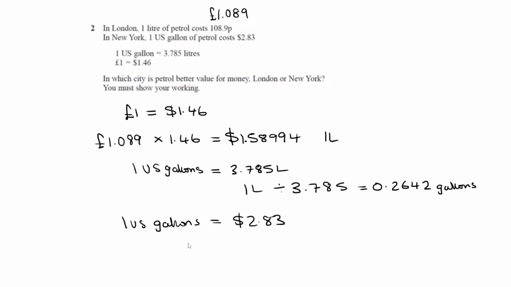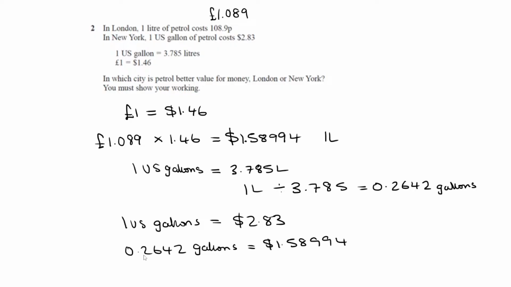I've now got 2 gallons was 150, wasn't it? So you could compare from there. You could make it both into 1 gallon. You might have made them both into 1 litre. You might have made them both into $1 or £1. Doesn't really matter.